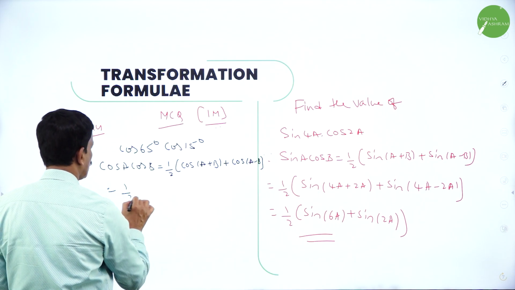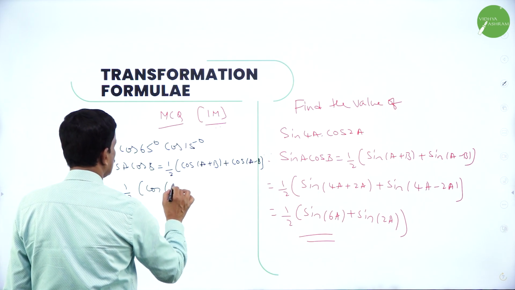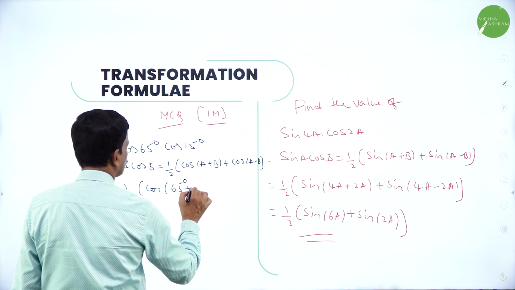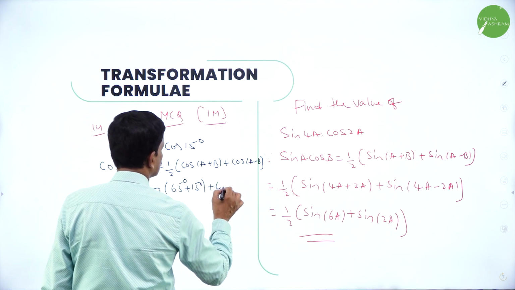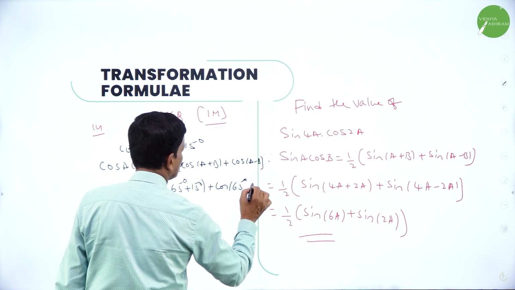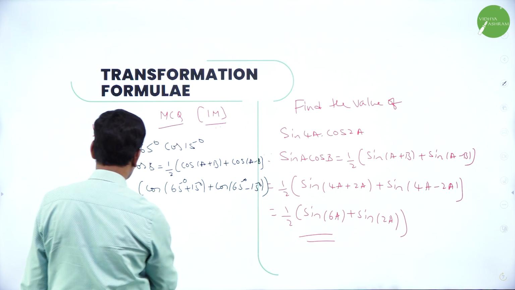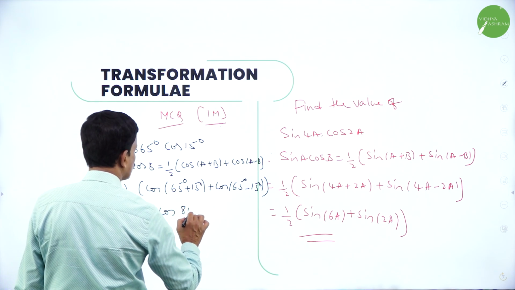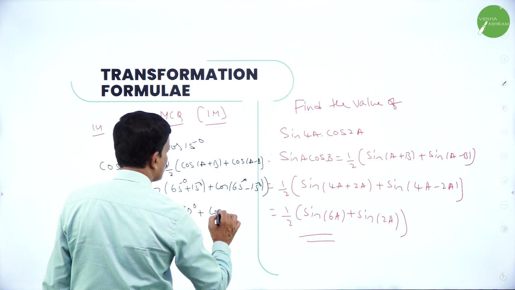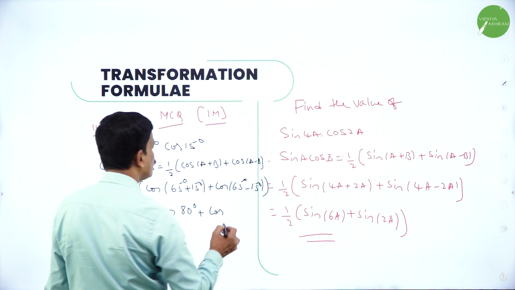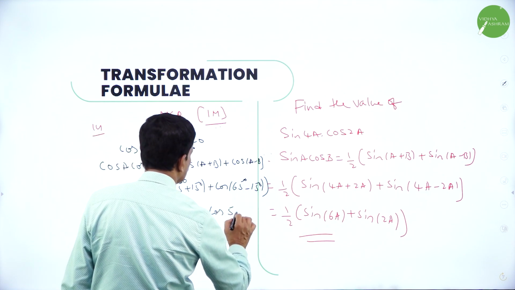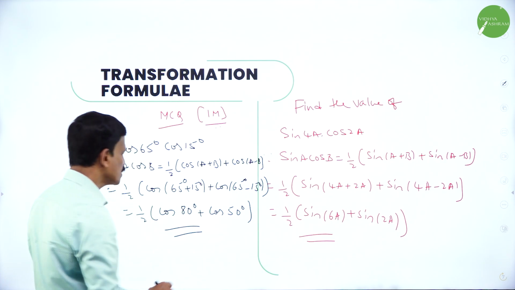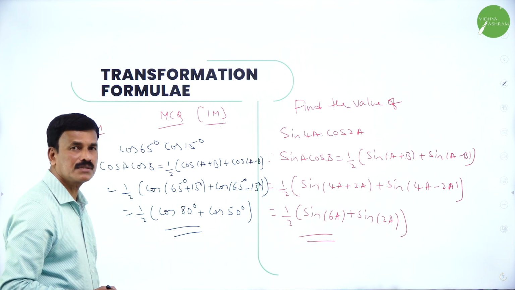Now substitute here: a is 65 degrees, b is 15 degrees, so half of cos 65 plus 15, which is 80 degrees, plus cos 65 minus 15, that's equal to 50 degrees. So the required answer is half of cos 80 degrees plus cos 50 degrees.